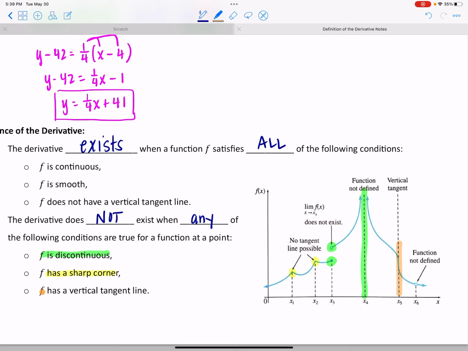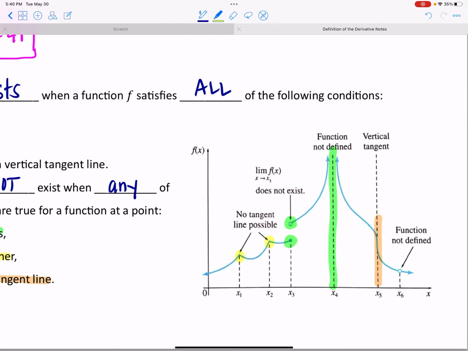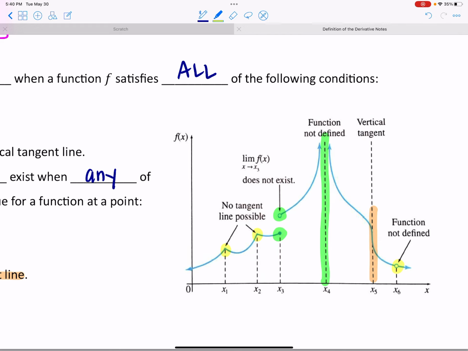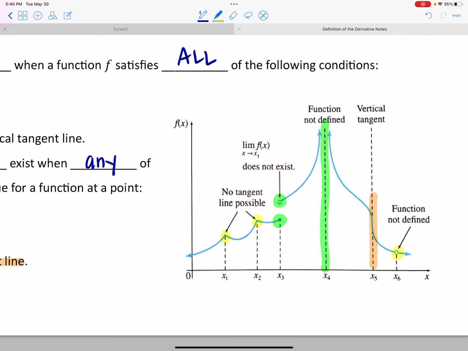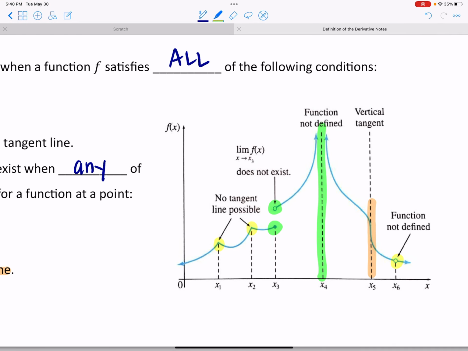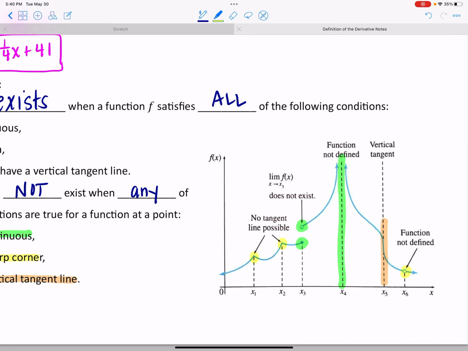If we have a vertical tangent line, we're not going to be able to differentiate. And in this last picture, the function is not defined, so it's not continuous, right? We'd have to jump over the hole in that graph in order to continue tracing, so that discontinuity disqualifies the function from being differentiable at that x value.